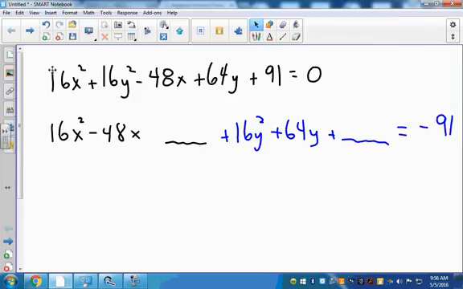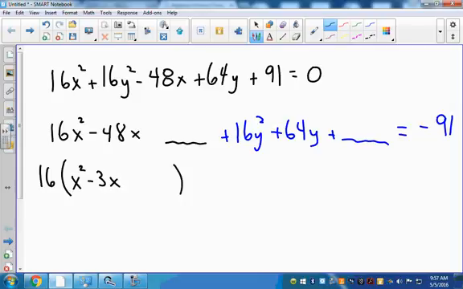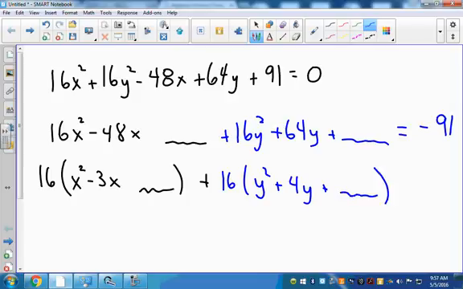When you're completing the square, you really want this coefficient to be a 1 and not a 16. So the process is this: you factor out that 16, so now you have x squared minus 3x, and it makes the problem a whole lot simpler. Same thing over here. You would take out the 16, and so now you have y squared plus 4y, and complete the square using the 4.